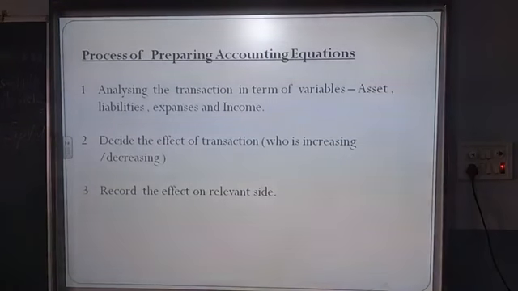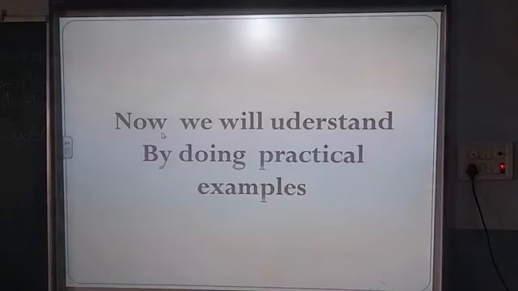Then we have to decide the effect of the transaction, who is increasing and who is decreasing. And third, we record the effect on the relevant side. That is the process of the accounting equation.